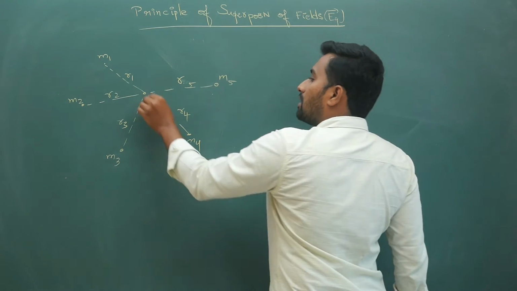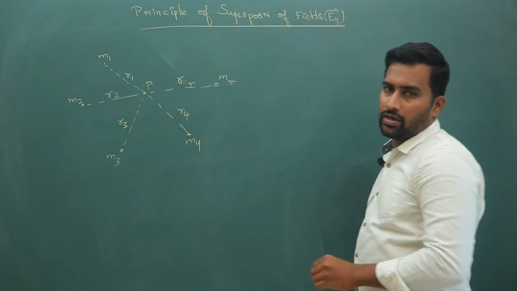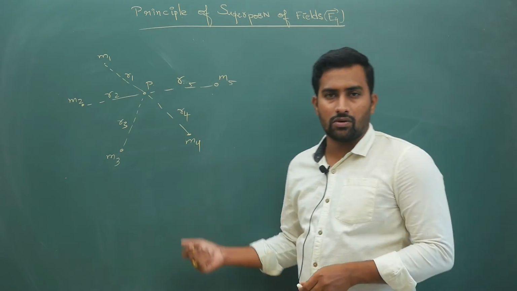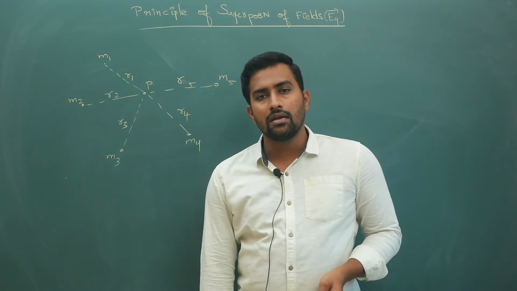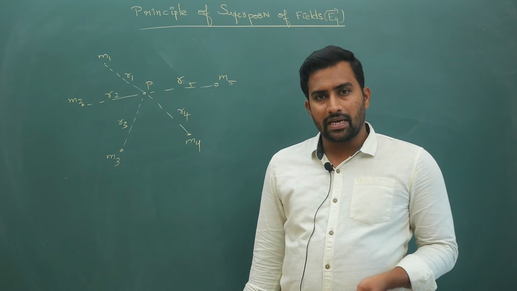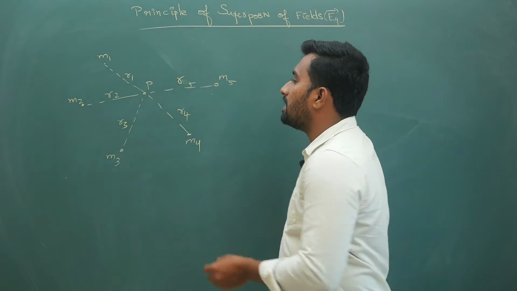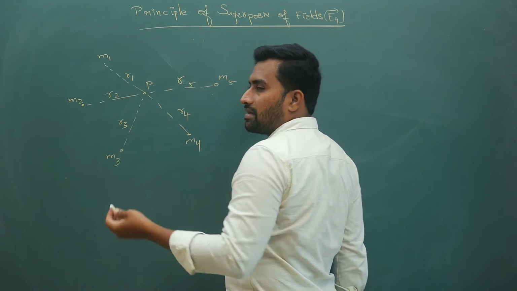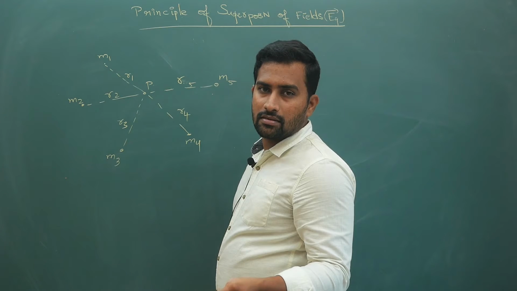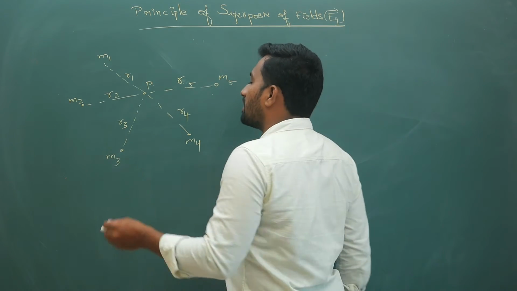Now if you are trying to calculate the field at this point, what are you supposed to do? To calculate field, what did I tell you? Just simply place 1 kg. For mass there is no plus sign, just simply place 1 kg, that's all.